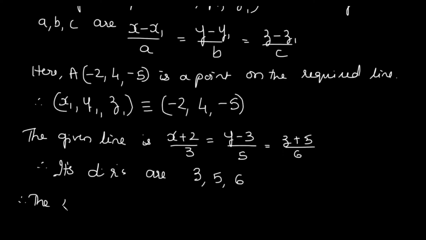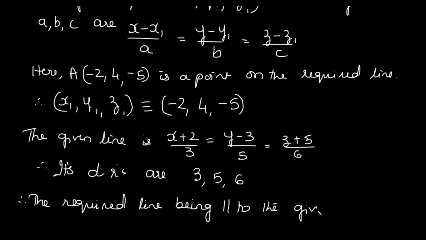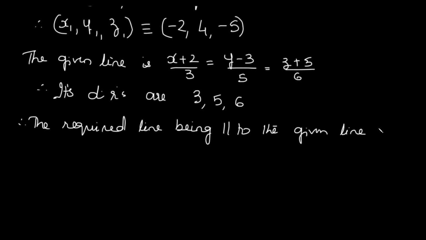Now the required line is parallel to the given line. Therefore, the required line, being parallel to the given line, also has the same direction ratios, 3, 5 and 6. So thus for the required line, we know what is x1, y1, z1 and also what is a, b, c.